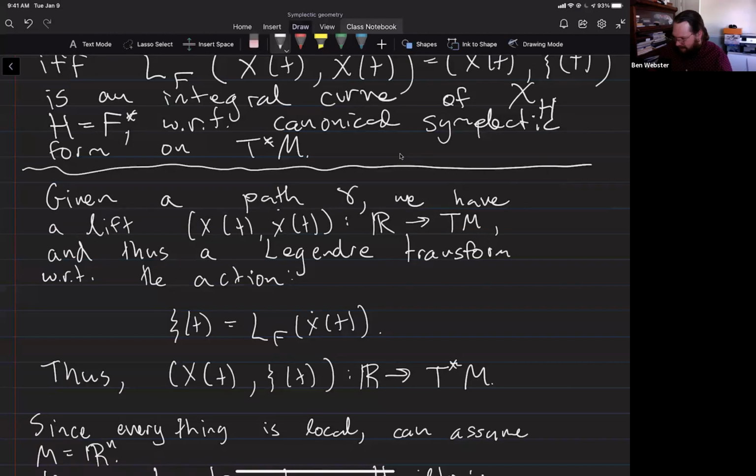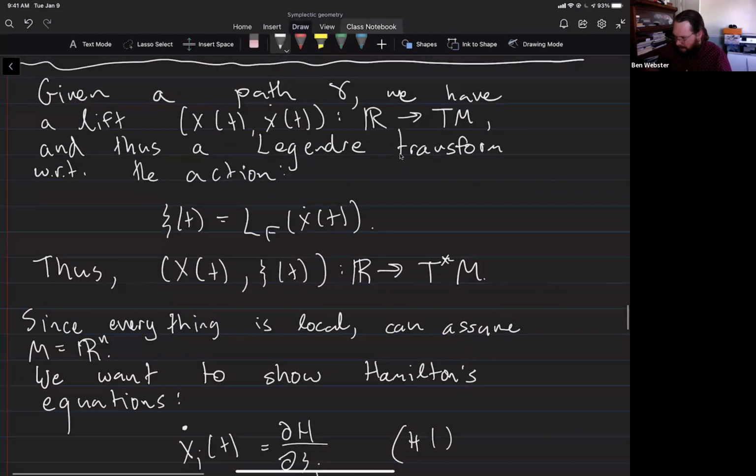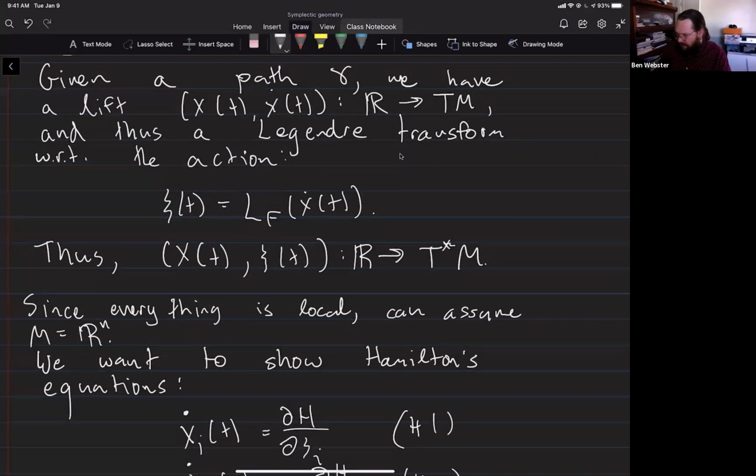All right. So let's think about this. As I say, we're going to take, oh, I meant to rename the path. Path I'll call x, depending on t. We have this lift up to the tangent bundle where I take my base point being my point x, and then I take the velocity vector of the path.